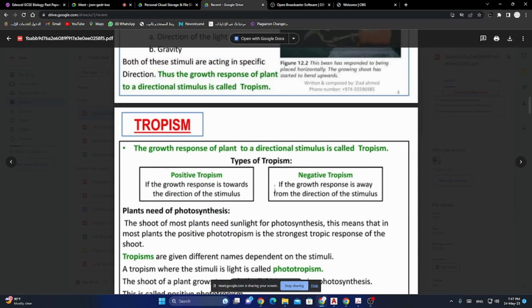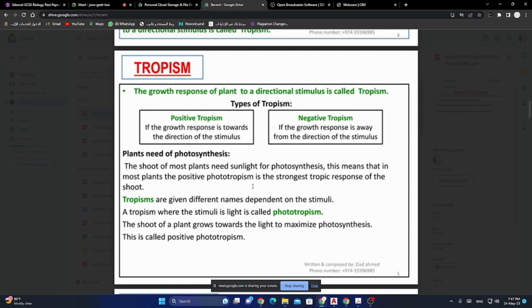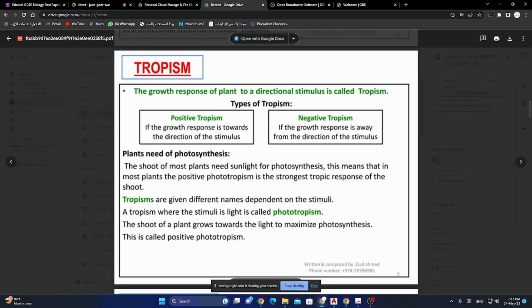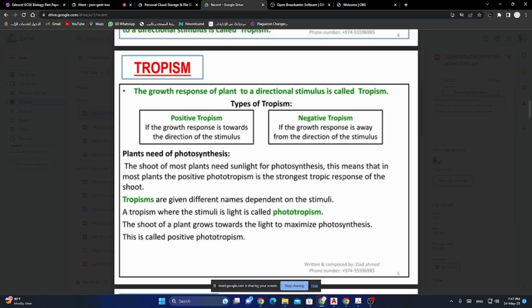So that's what's happening here. It's working against gravity. Basically, gravity is the stimulus, and the plant is trying to counteract the stimulus.